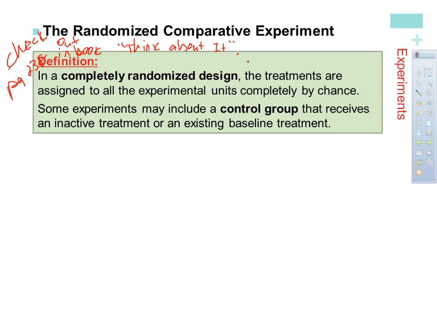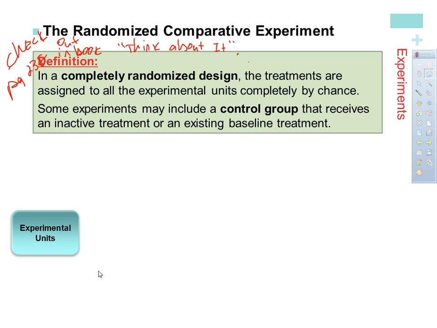This completely randomized design can be illustrated pretty quickly in a diagram. And this diagram, you will be asked either on the AP exam, or you will definitely be asked on a quiz or a test in this class to describe a completely randomized design or any experimental design.